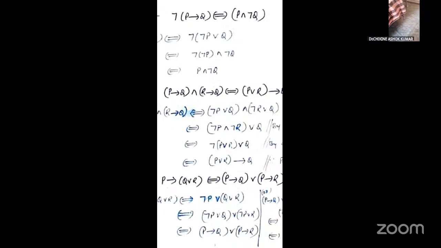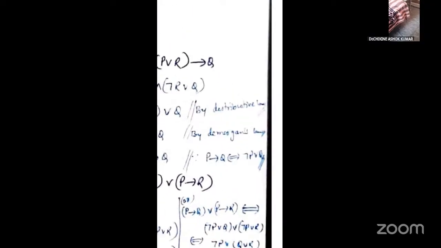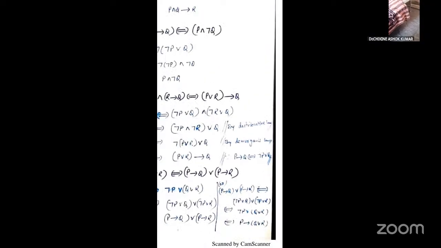So it is in the form of negation P union Q. Negation P union Q can be written as P implies Q. But in the place of P, we have P union R. So negation of P union R union Q is equivalent to P union R implies Q. I have written the formula here, so by using this one, we can put the results.